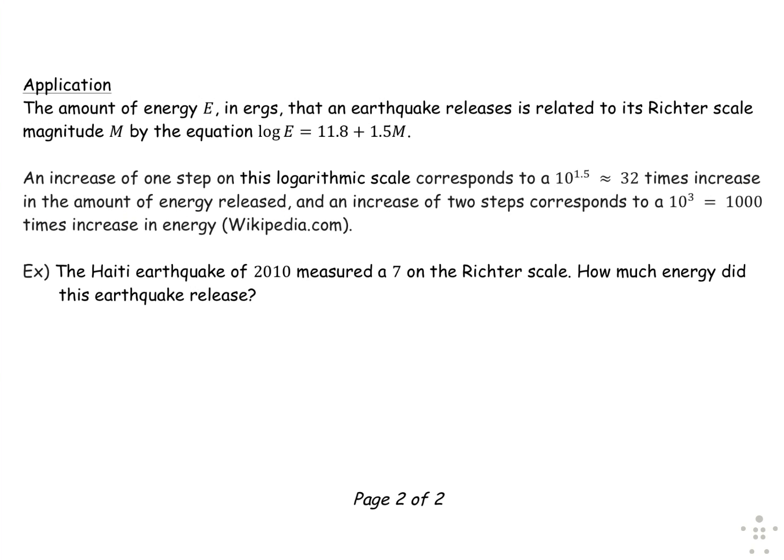So between an earthquake of magnitude 7 versus magnitude 8, you're talking a 32 times increase. That's a lot every time you step up on the scale. So an increase of 2 steps corresponds to 10 raised to the third, or a 1,000 times increase. So that corrects what I just said.